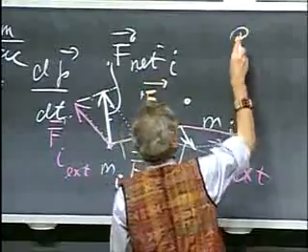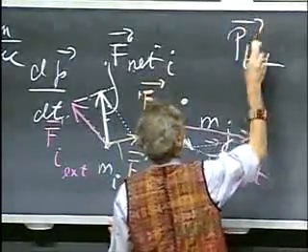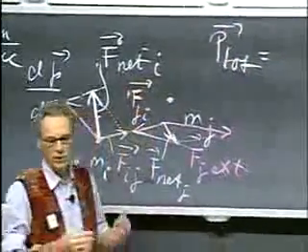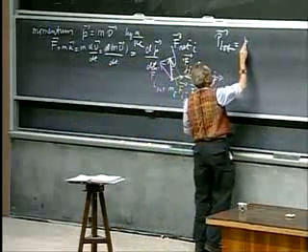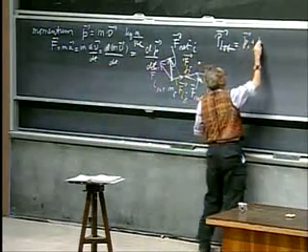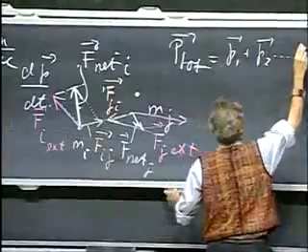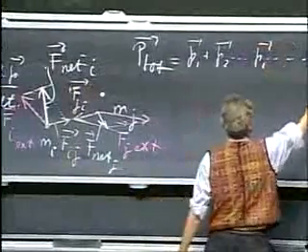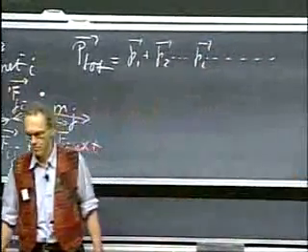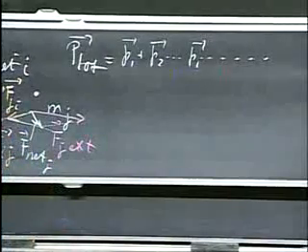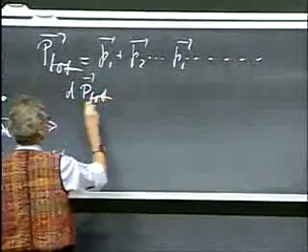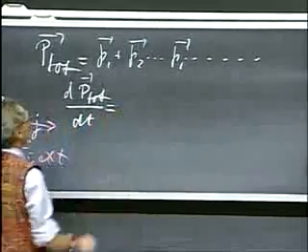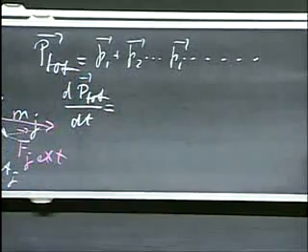What is the total momentum of these zillions of particles? Well, that's the sum of the individual momenta. So that is P1 plus P2, plus Pi, and you have to add them all up. I take the derivative of this, dP total/dt. That is dP1/dt. Well, that's the force on number 1.